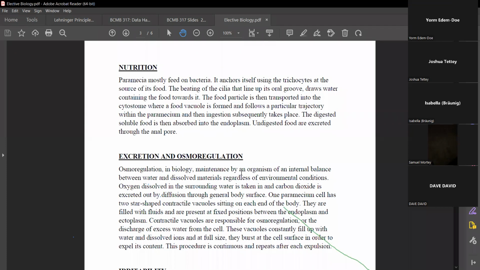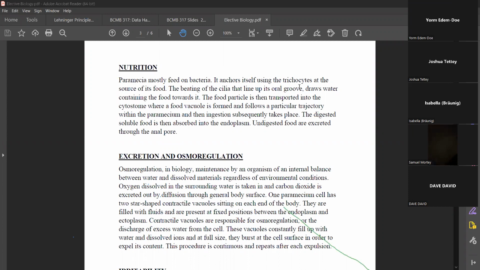You see, in humans, we have your kidney leading to your bladder and then your excretory system, and so on. The paramecium doesn't need that because it's single-celled. So the excretion takes place via diffusion. Whatever it needs to go in diffuses through the membrane inside. Whatever needs to go out diffuses out, such as oxygen and carbon dioxide. This is how the paramecium lives.